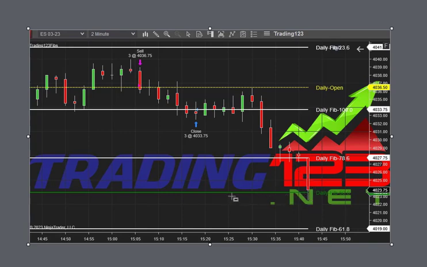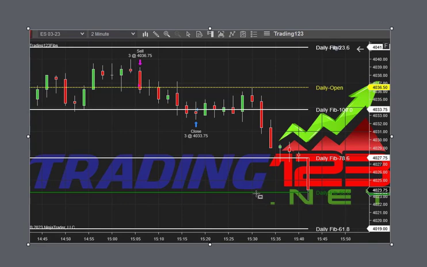This green line here is also one of the 2 main important lines in the sand. You have your open, and then you have your daily fib. So those 2 levels are the main key support levels throughout the day, and once price loses one level, it usually goes down to the next, as you see.